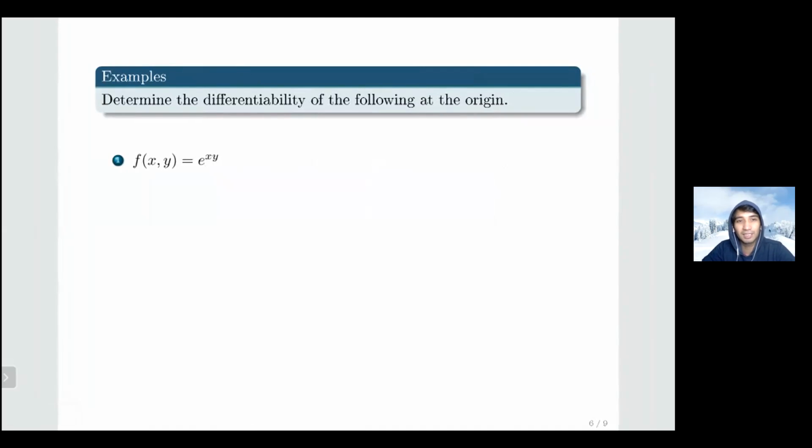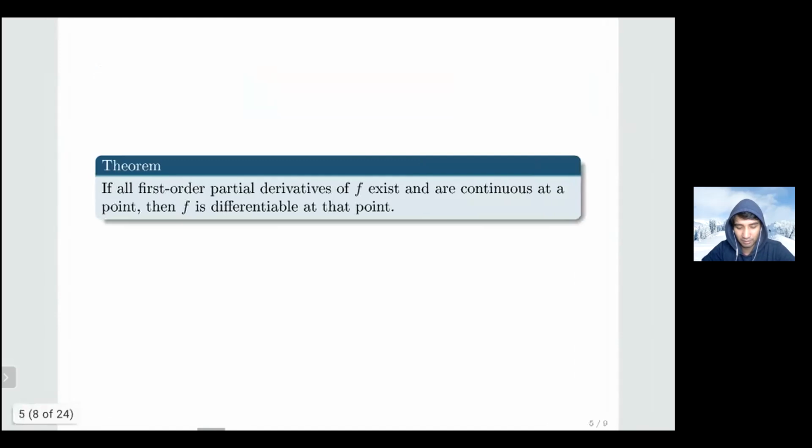Tapos sa diniscuss natin, pwede natin i-prove yung differentiability either by definition, pero parang nakaka-stress yan, no? Kasi may limit, may third condition about the limit. Or you can just use yung theorem na to. Tingnan natin yung mga partial derivatives niya. Tingnan natin kung continuous sila. Okay? Pag nangyari yan, differentiable na tayo.